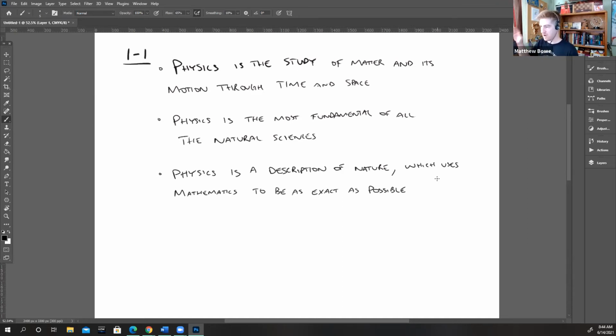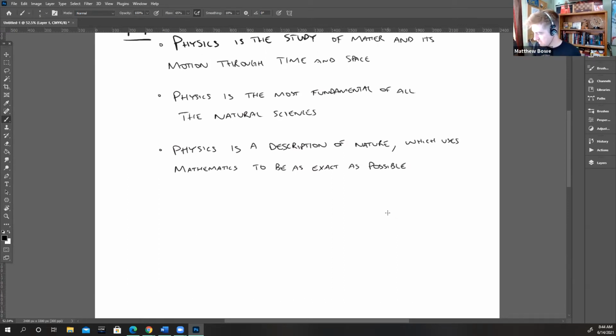How can I describe that without just using words? How can I predict where it will land before I even throw it? This is the power of physics.